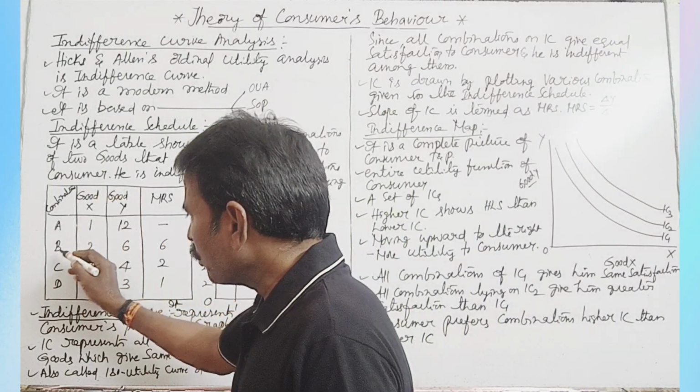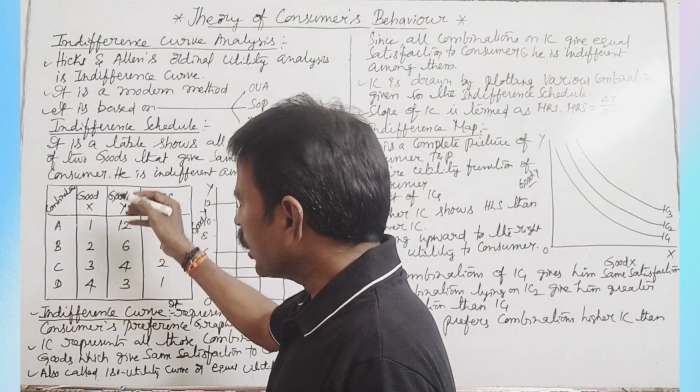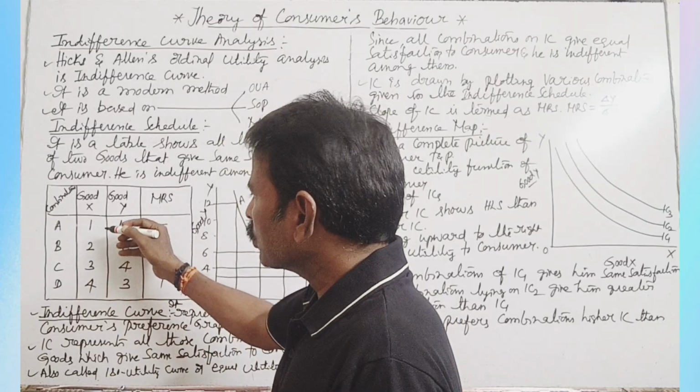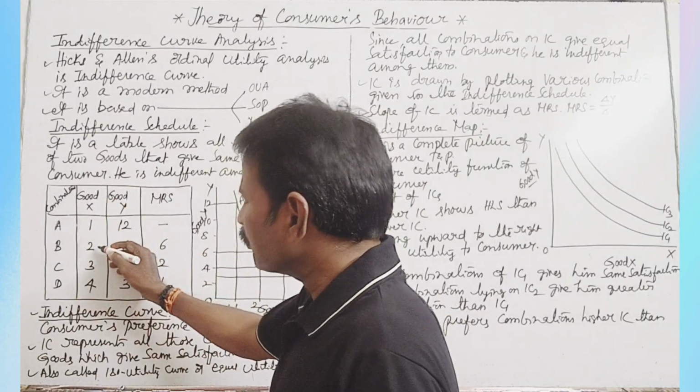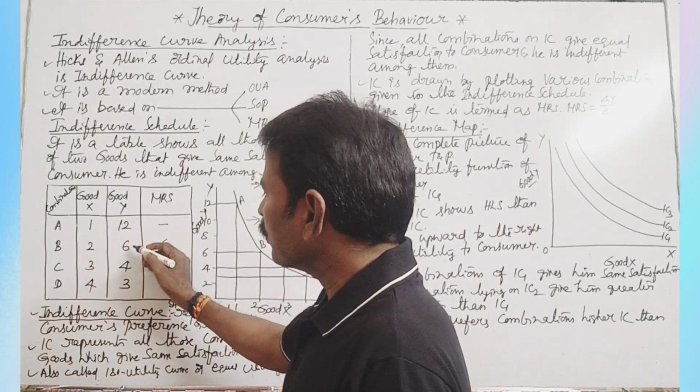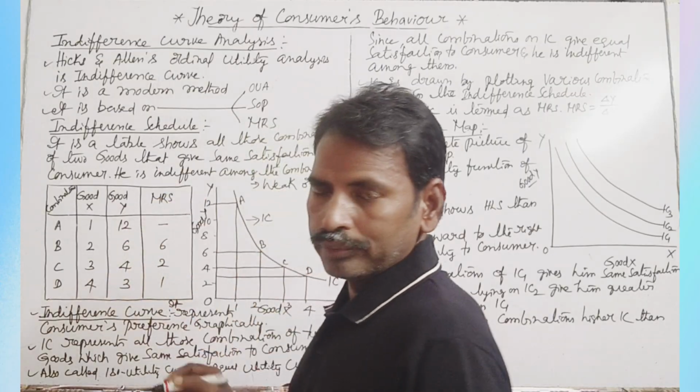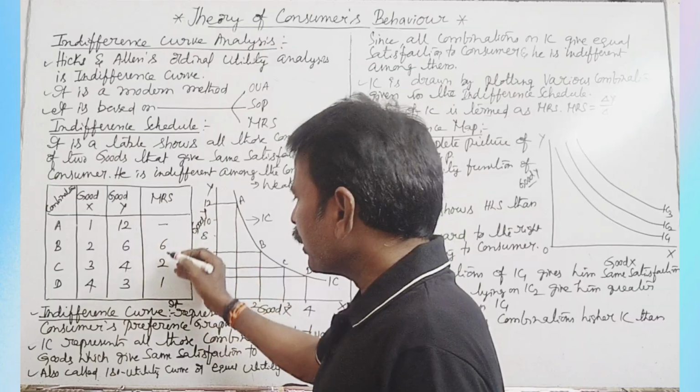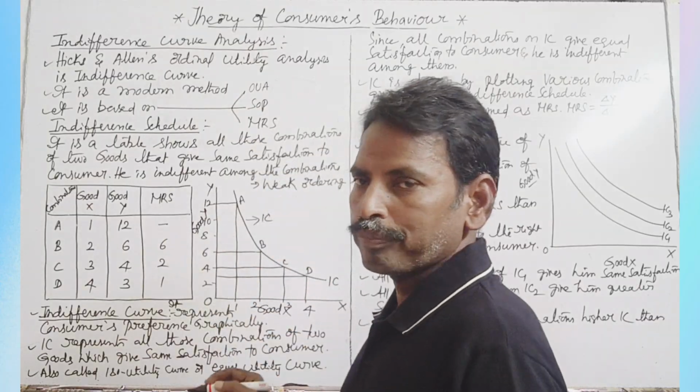If you go to combination B, if you want 1 unit of good X extra, you have to give up 6 units of good Y. Therefore, MRS is equal to 6.